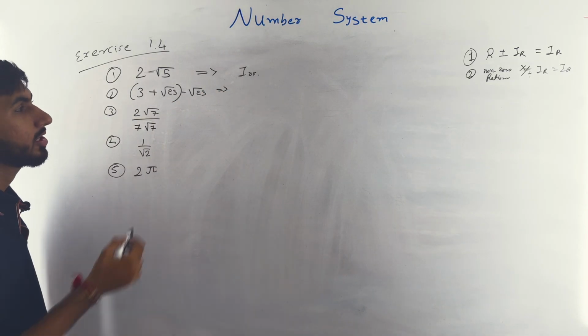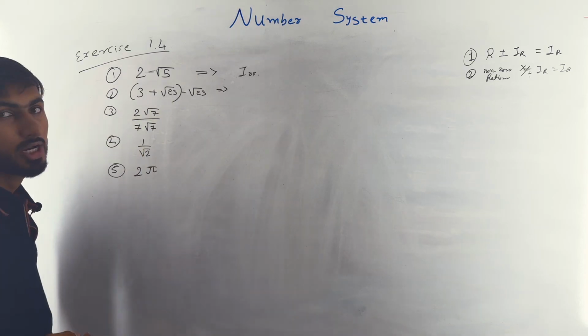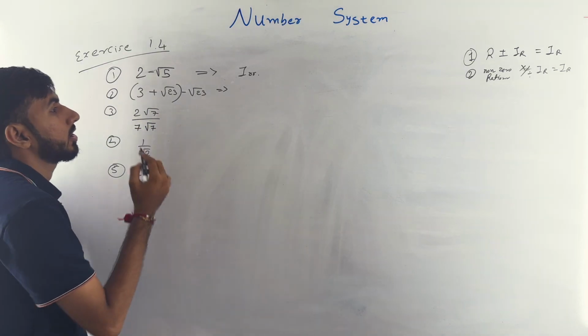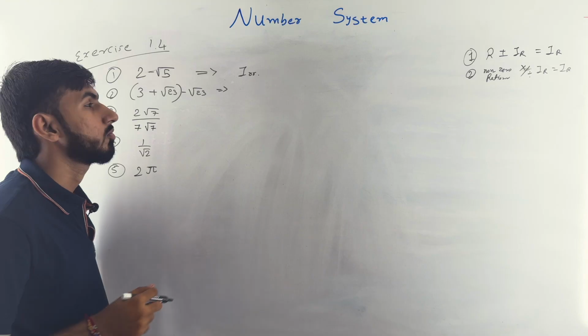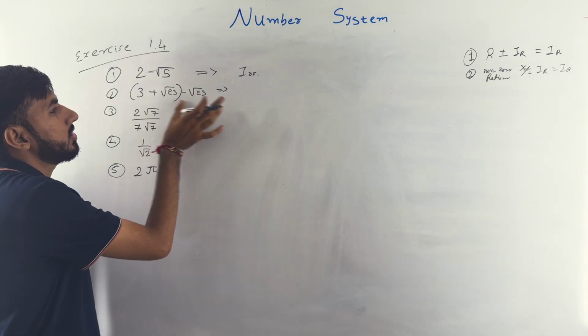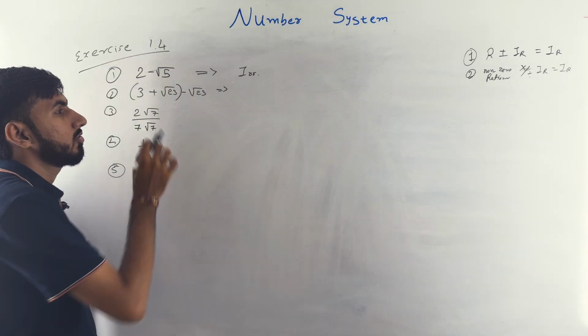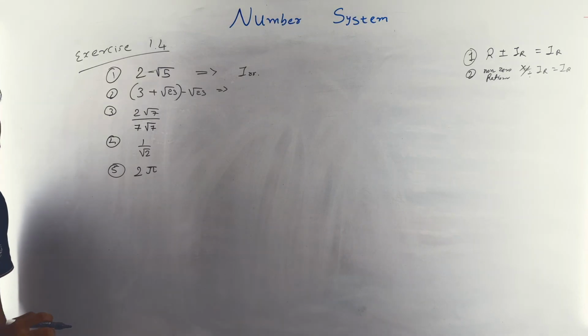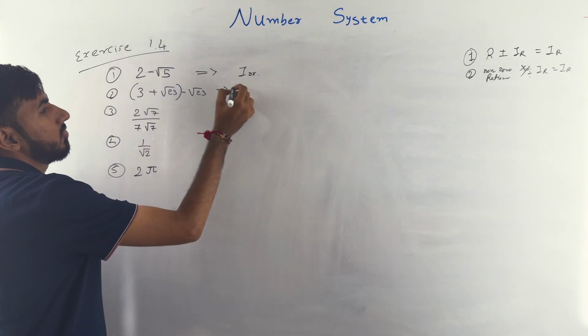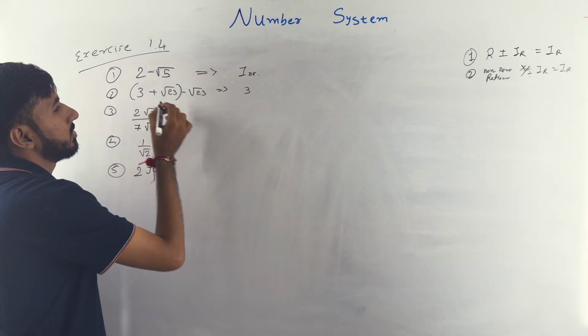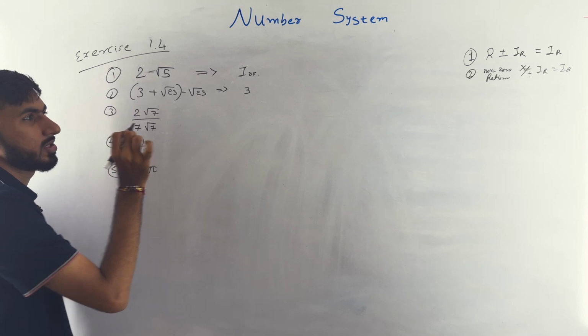This is in the bracket. Now there is a sign of subtraction, and again we have square root of 23. So first we will simplify this, right? We cannot directly say whether this is rational or irrational. So we will do simplification. Now this is just a case of addition and subtraction.